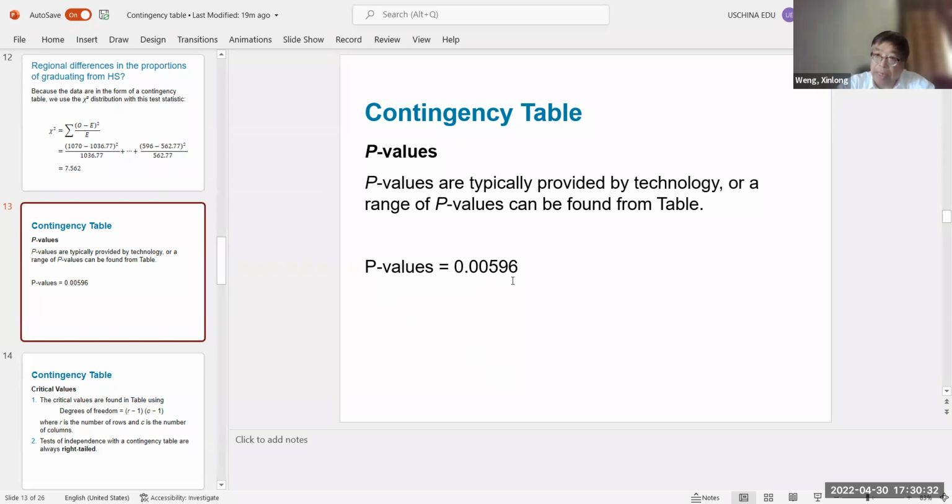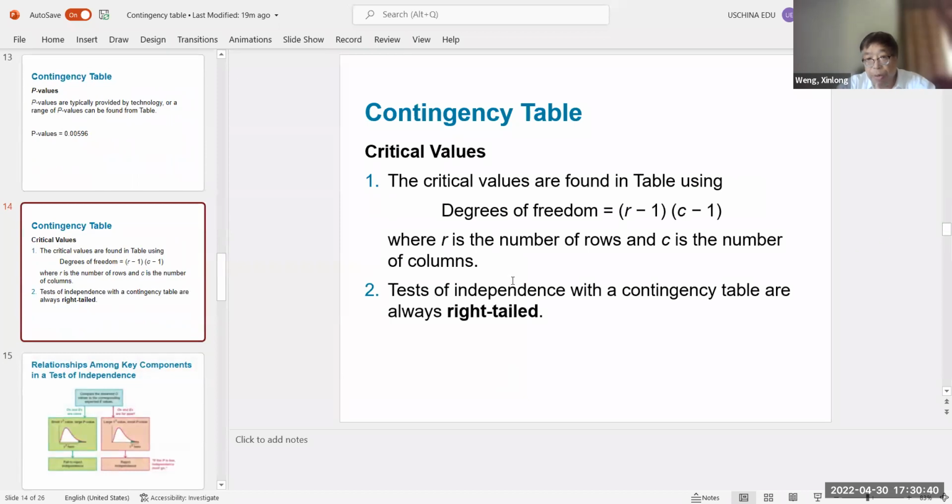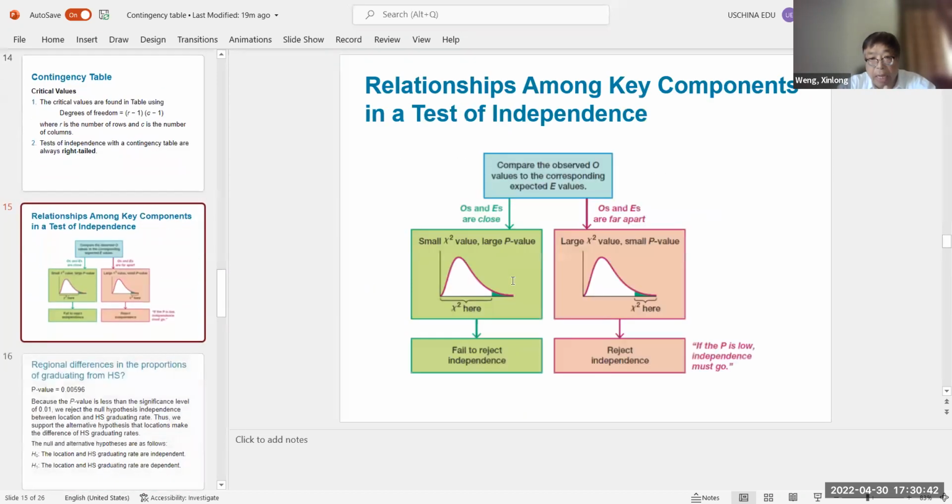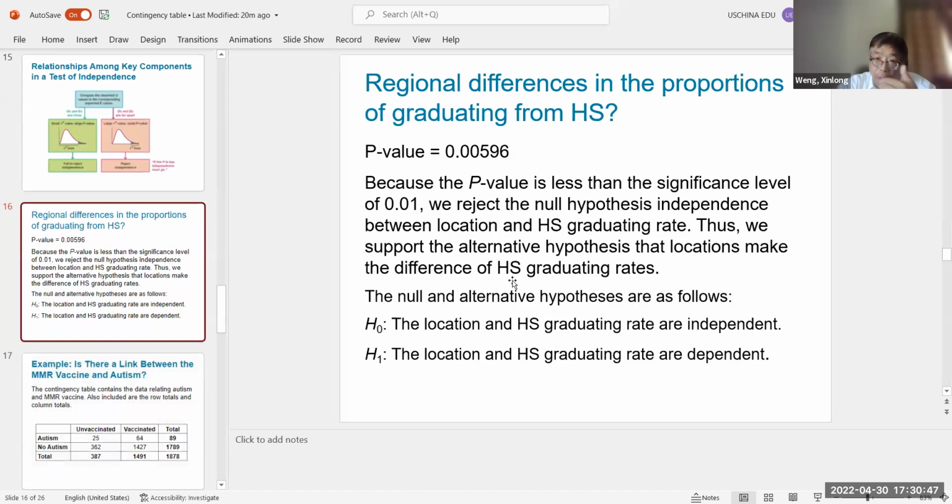When the p-value is so small, in this case definitely less than our alpha, 5%, we reject the null hypothesis and support the alternative hypothesis. Back to there, what was the null hypothesis H0?